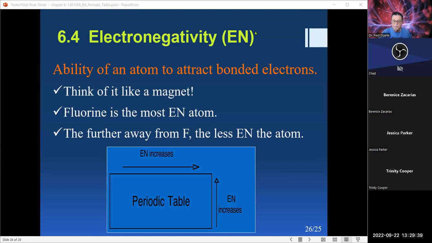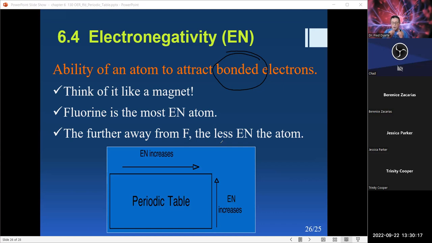Now, how it differs from ionization energy is this. IE deals with the lone element itself, okay? EN deals with bonded elements, and it is a measure of an atom's ability to pull electrons onto itself. We're going to learn that when nonmetals form bonds with each other, there's going to be a sharing of electrons to make that bond.